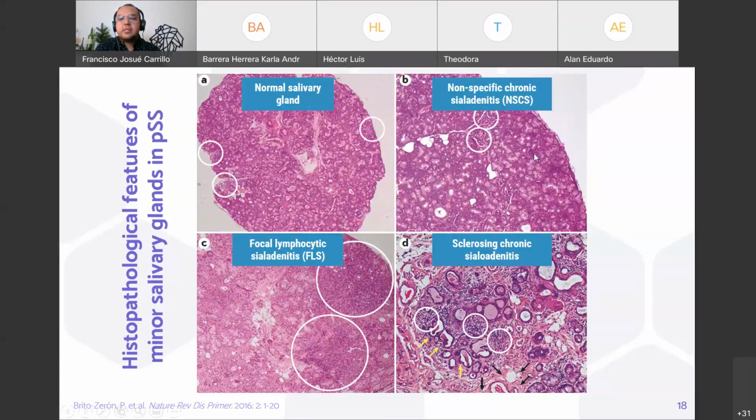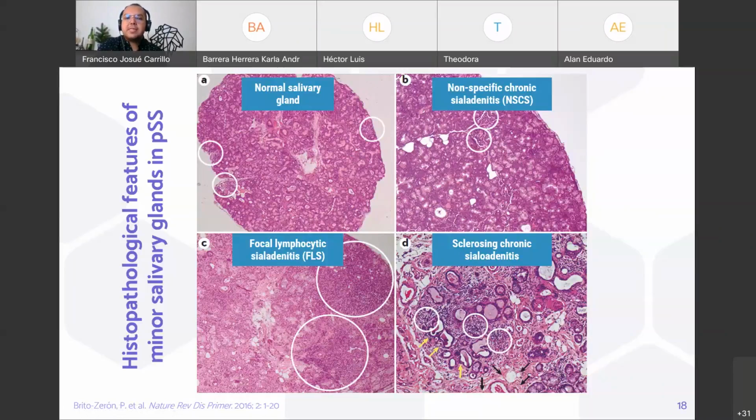But in some patients experiencing the infiltration or recruitment of these inflammatory cells, it could start as a non-specific chronic sialadenitis, where we have a diffuse infiltration of these cells, but the classic criterion for classification of primary Sjogren's syndrome is the development of these foci.